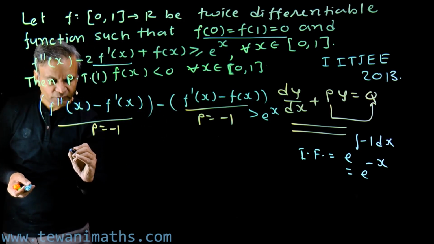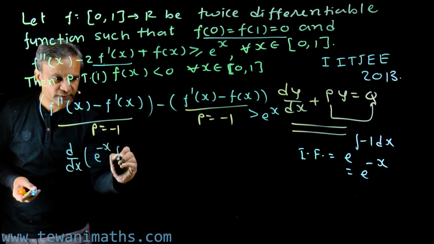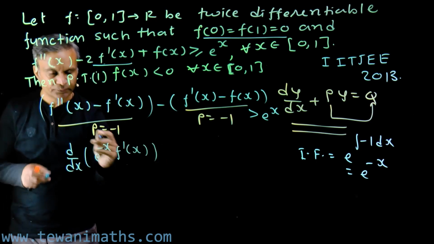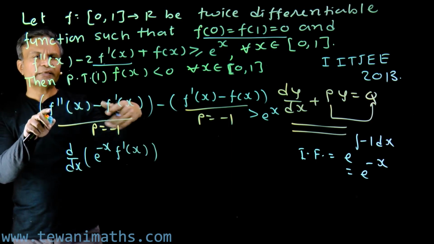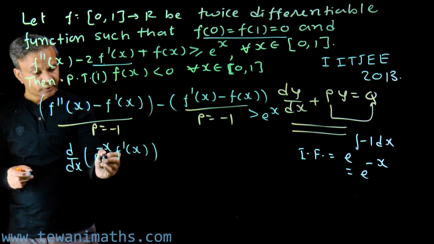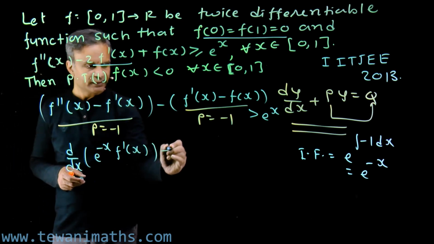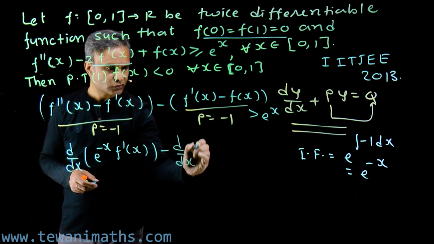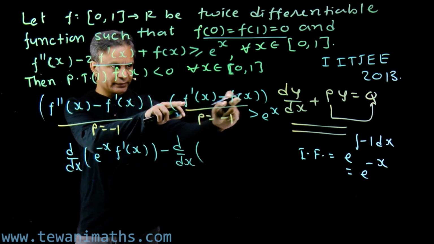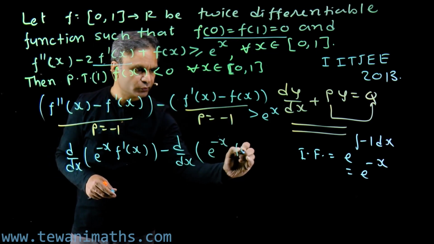We get d/dx of e^(-x) times f'(x), which will be the derivative of e^(-x) f'(x), minus d/dx of e^(-x) times f(x).